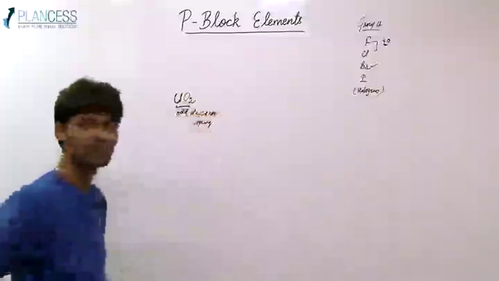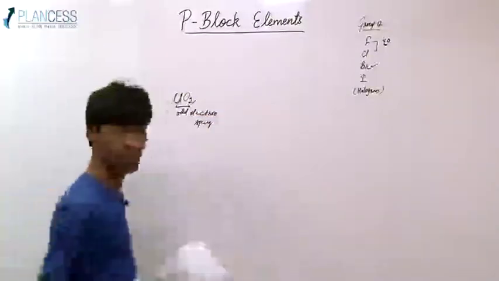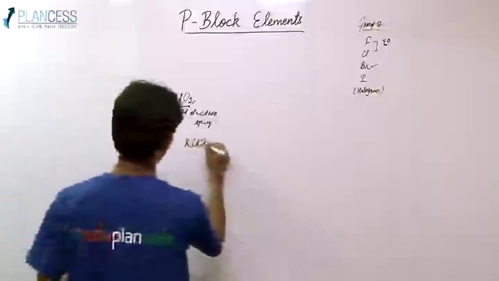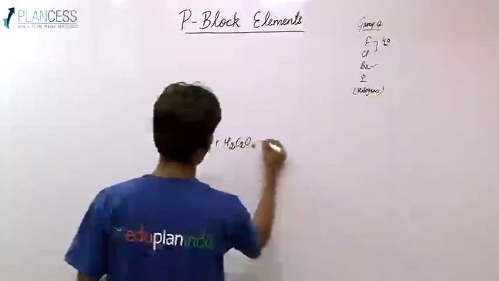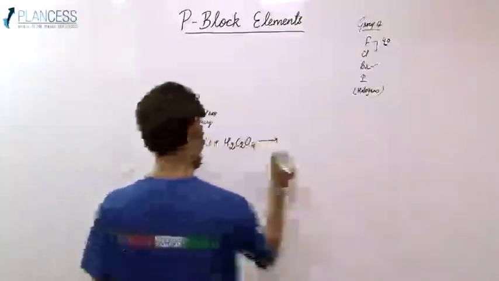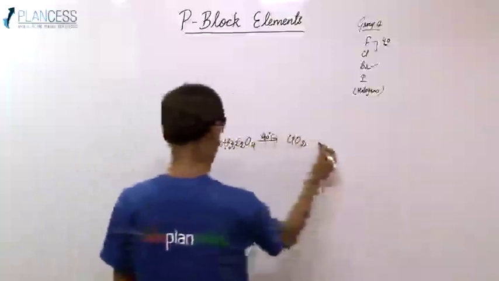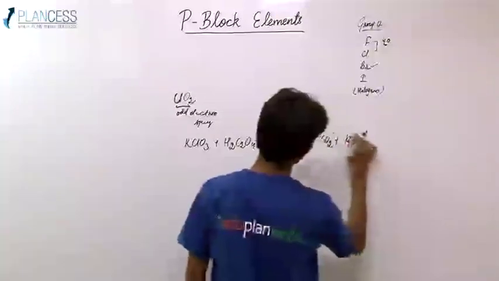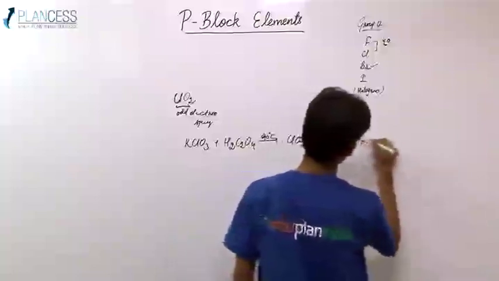Let's look at the preparation step of it. It can be prepared by reaction of potassium chlorate and oxalic acid, that is KClO3 plus H2C2O4. When they are reacted or heated to 90 degrees centigrade, it forms ClO2 plus CO2 plus K2C2O4 plus H2O.